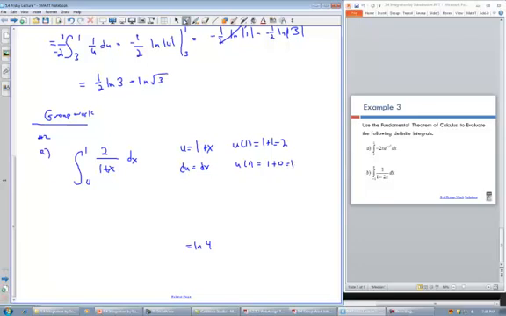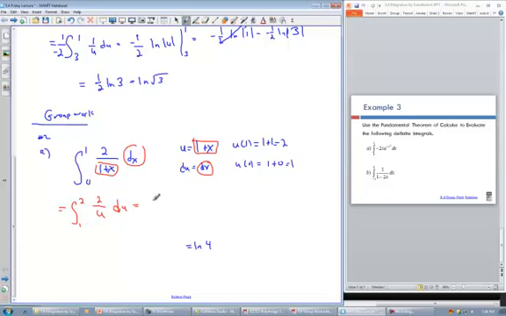Now I'm going to make my substitution. This is going to equal the integral from 1 to 2 of 2 divided by u. Remember, my 1 plus x is my u, and dx is just du. This integral is now one of my 4 types.